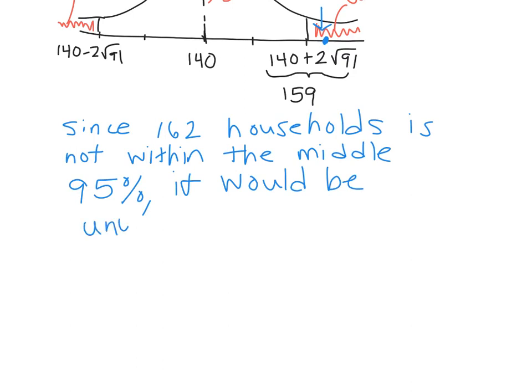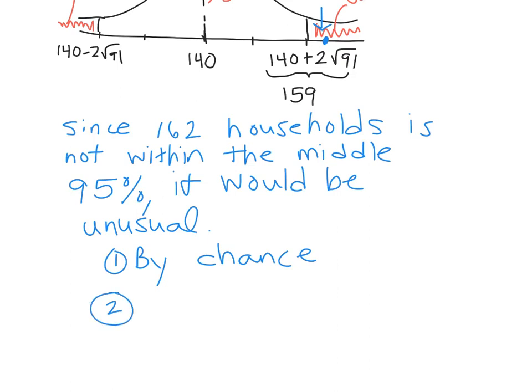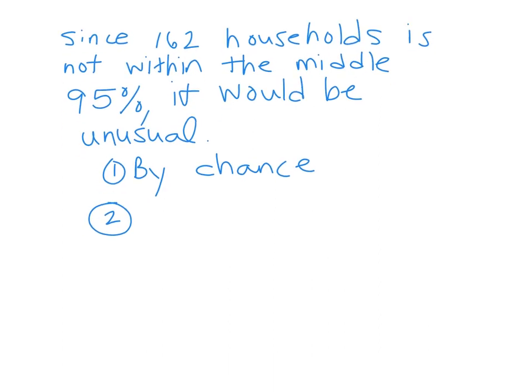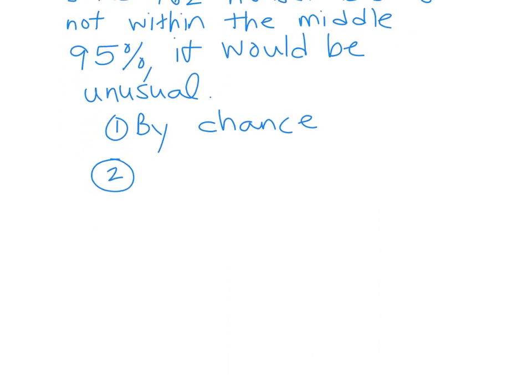All right, and why does that matter? It matters because we talked about unusual events before. Either they happen by chance or they happen because something else is going on. So we can write that down. By chance is why that happened, because even though it has a low probability of happening, doesn't mean it's impossible. That's why people win the lottery. But what we're going to assume in our inferential statistics and in this example as well, something else is probably going on.